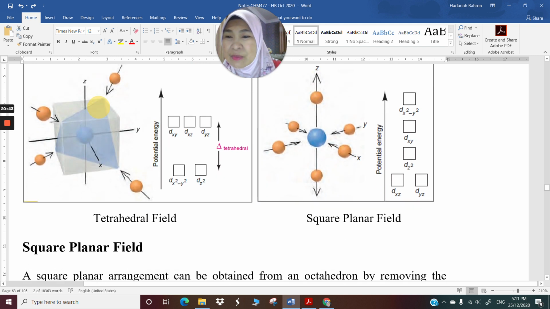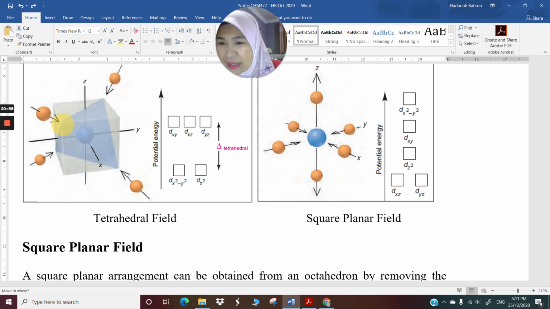If you look at this picture here, these are the axes, the lines in black, and you put a tetrahedral arrangement between them. You can see very clearly that this corner of the tetrahedron is not on the axis, neither is this corner, neither is that corner and that corner. They are all existing between the axes.